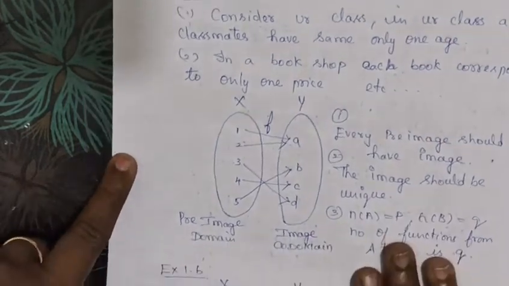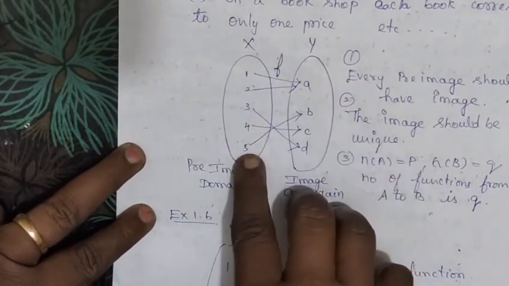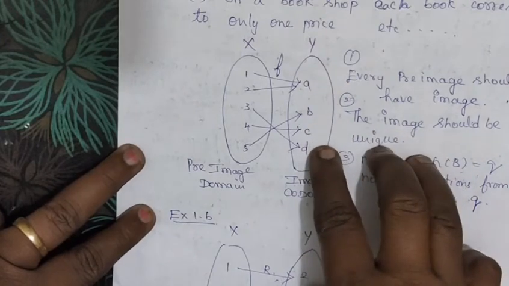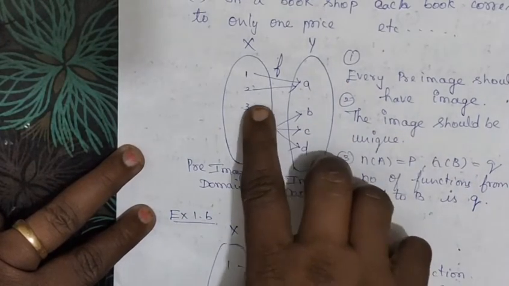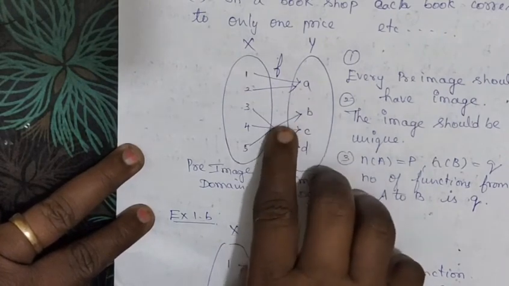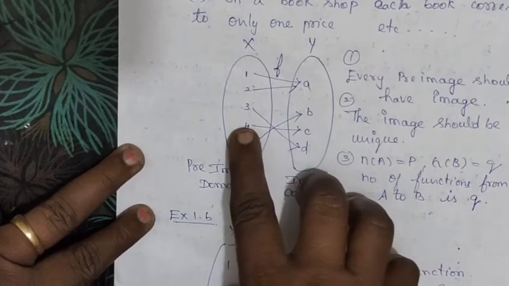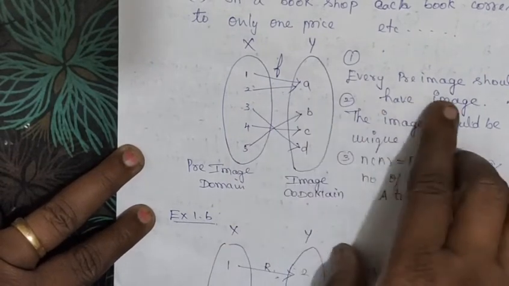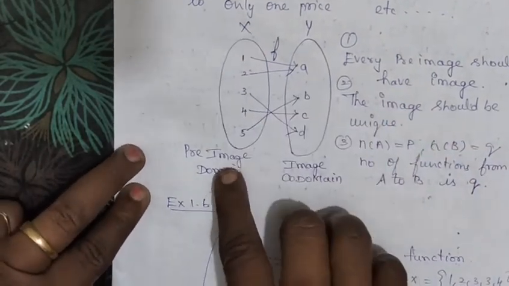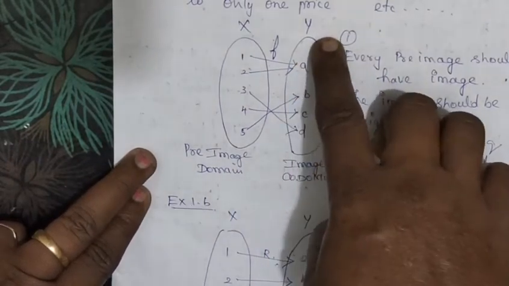Okay. Now I have drawn an arrow diagram. The set X consists of the numbers 1 to 5 and the set Y consists of the letters A to D. Now 1 is related to A, 2 is related to A, 3 is related to D, 5 is related to B, 4 is related to C. Now, this first set always represents the pre-image and the second set represents the image.